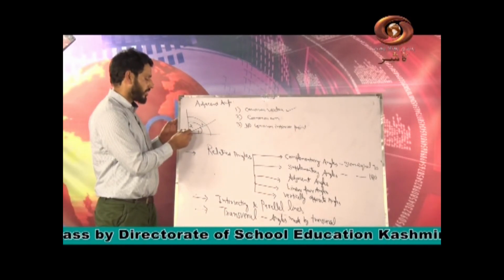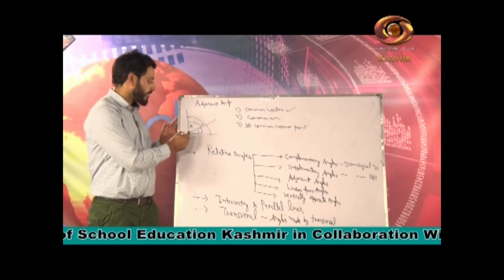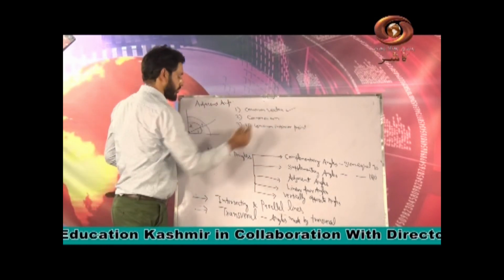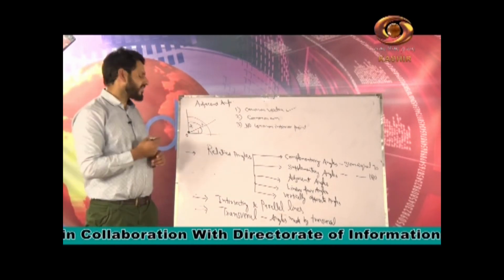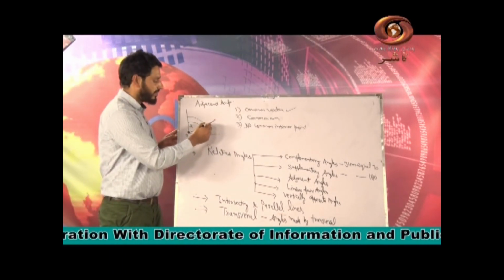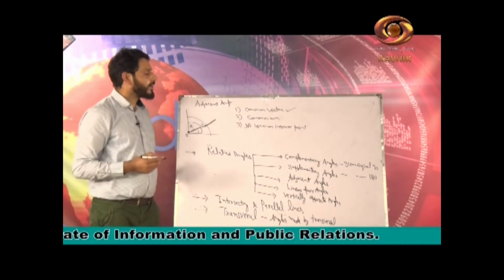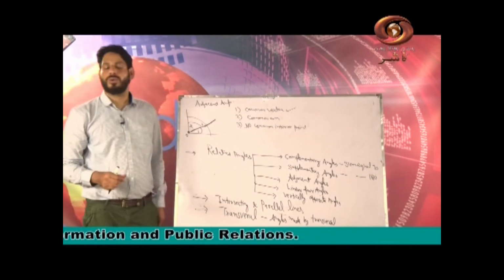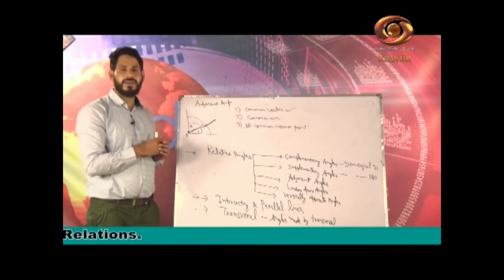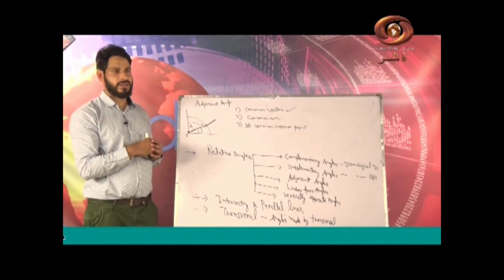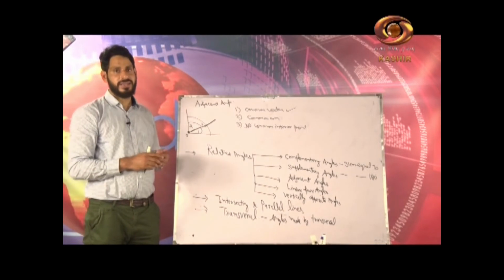See, angle 1 and angle 3 have common vertex O. Yes, they have the common vertex O, clear. Second, do they have any common arm? Let us suppose for the sake of argument, yes, they have this common arm too. But what about the common interior point? No, because angle 3 has the part of angle 1 in its territory, or angle 1 is itself a part of angle 3.